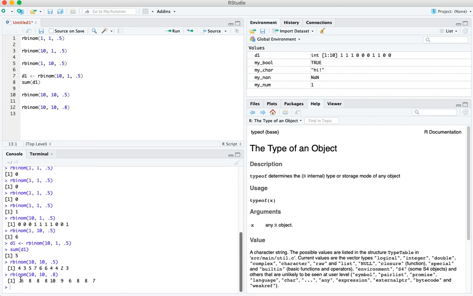Run that. And what you get here are much higher numbers, right? Whereas we were somewhere around 5, a little bit lower, a little bit higher, here we're somewhere around 8, a little bit lower, a little bit higher. This should come as no surprise given that our probability here was 0.5 and our probability here was 0.8.